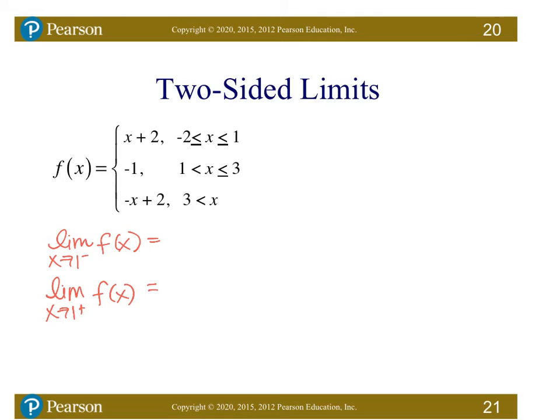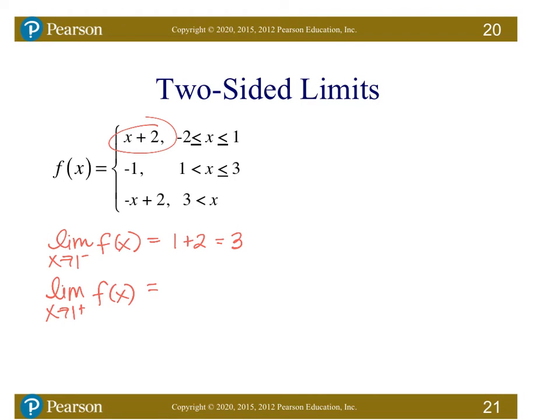If I'm approaching 1 from the left, I'm going to be using x plus 2 as my function. So I will be plugging in 1 into that. So 1 plus 2 is 3.